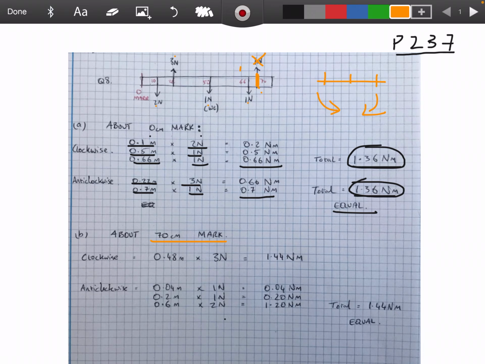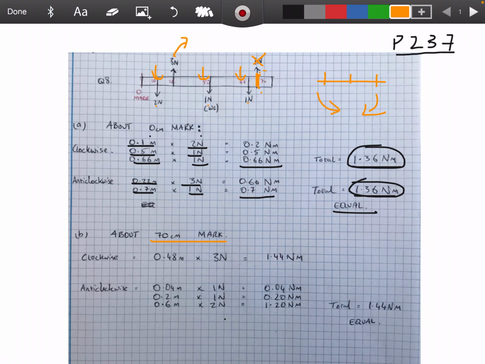And you can see I've got 1, 2, 3 going down or moving around to the left of the fulcrum, which is the 70 centimetre mark in this case. And in this instance, I've got 1 that would be moving up to the right, and that is moving in a clockwise direction, orientated to the 70 centimetre mark. So I've only got 1 clockwise moment in this case.